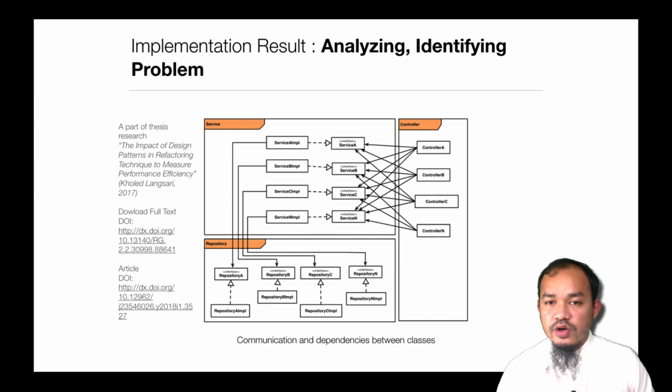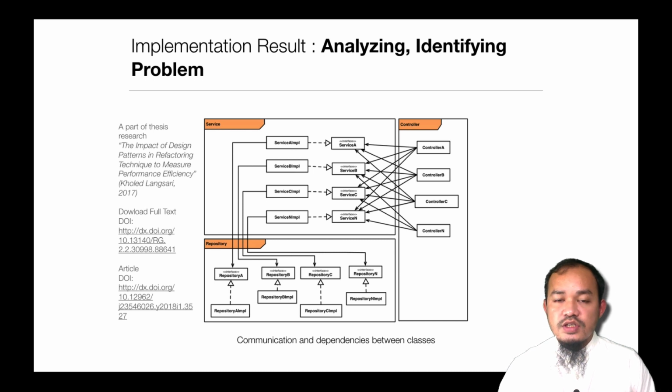For example, controller A may use services A, B, C, and N, right? Controller B may use other services, right? You see the arrows are complicated to manage. Okay, I want to solve this problem. I want to make some kind of middleman, a person or a class or object that manages this.